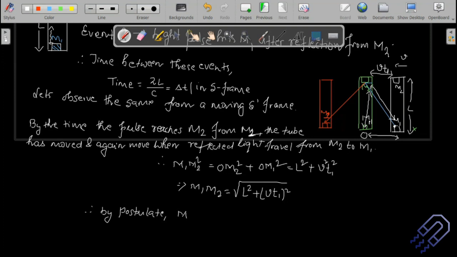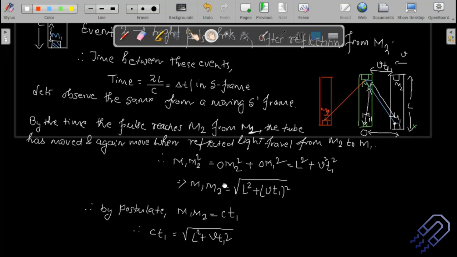The light pulse is traveling from this point to this point at speed c, and the time is obviously that same t1. So we can write ct1 is equal to root over L square plus vt1 square. Now we can simplify and find the answer for time dilation.